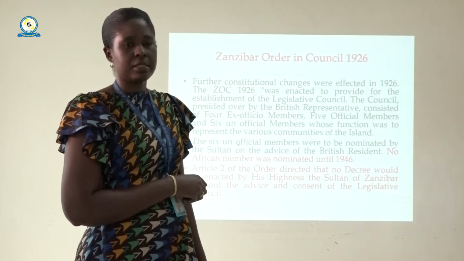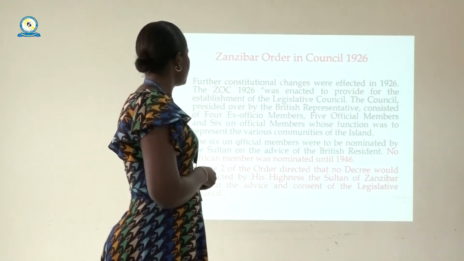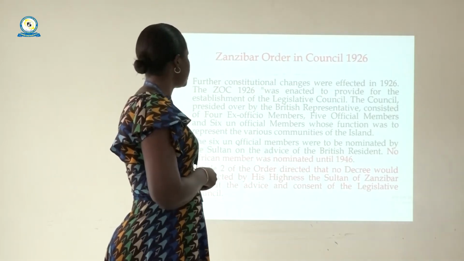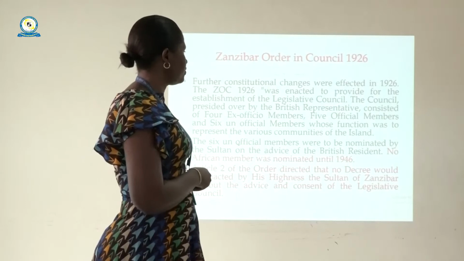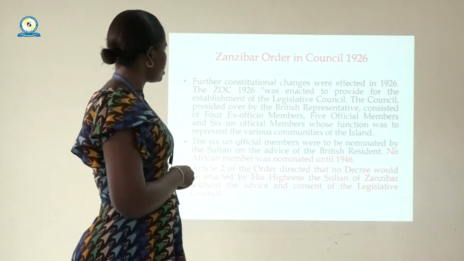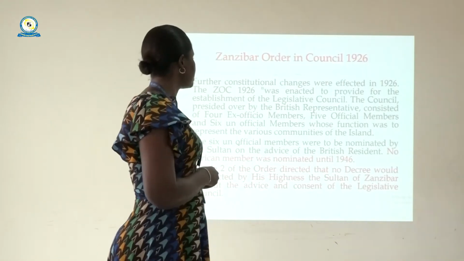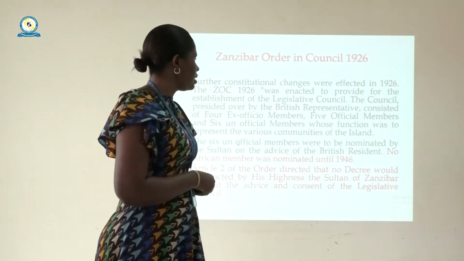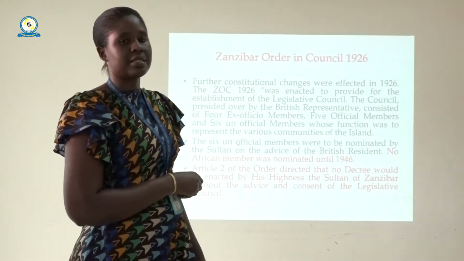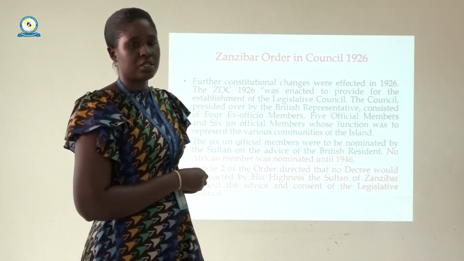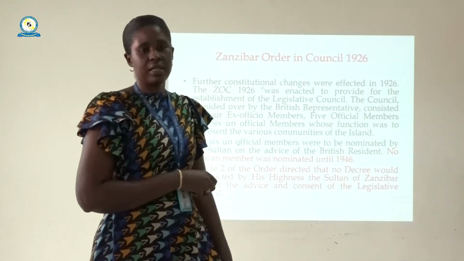Under this Order in Council, we see that the order provided for the establishment of the Legislative Council, whereby the council, presided over by the British representative, consisted of 4 ex-official members, 5 official members, and 6 unofficial members, whose function was simply to represent the various communities of the island.